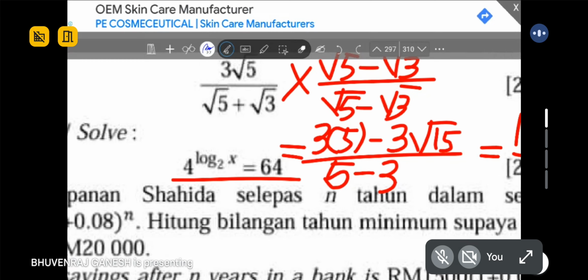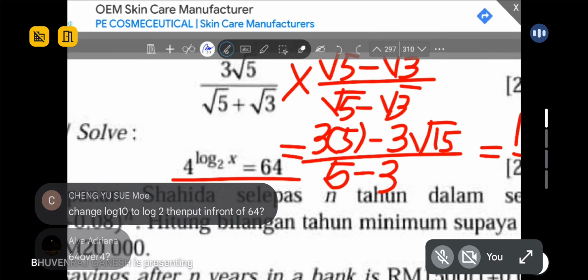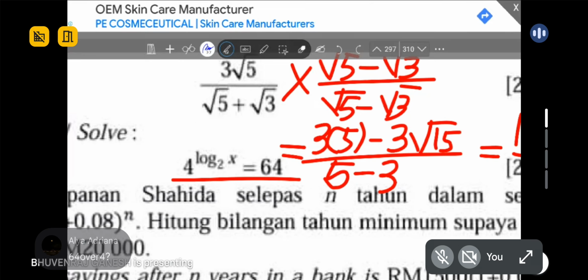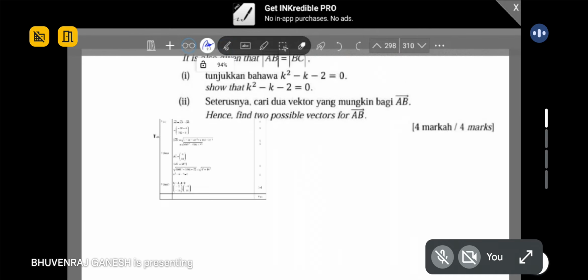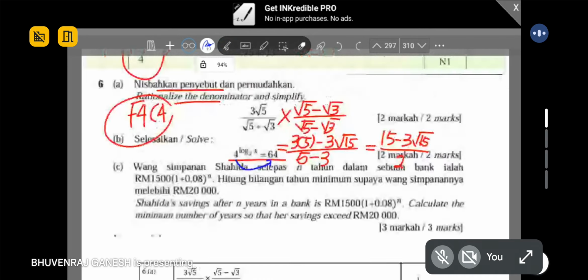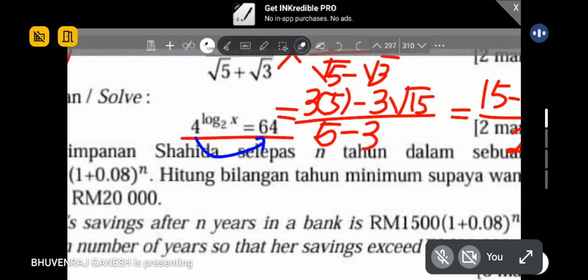No, not that. Yes, is the base, guys. Is the base. 64 over 4 cannot, guys. You cannot just simply shift over here. Cannot. So you must play with the base, guys.